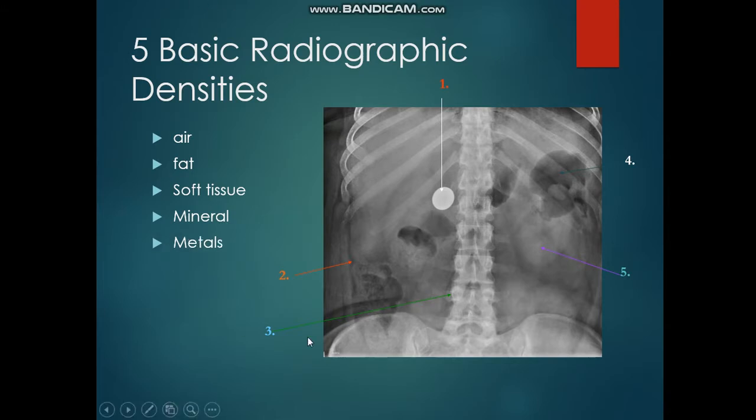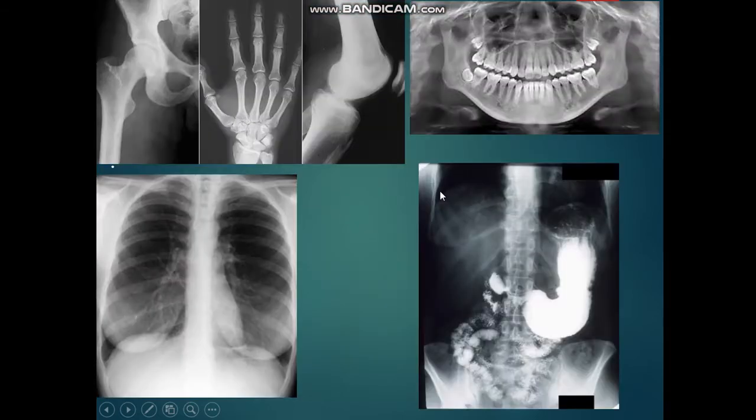In this picture, you can see it: air, fat, soft tissue, minerals, bones, and metals, as you can see here. X-rays that pass through air are least absorbed and therefore cause the most blackening on the radiograph.